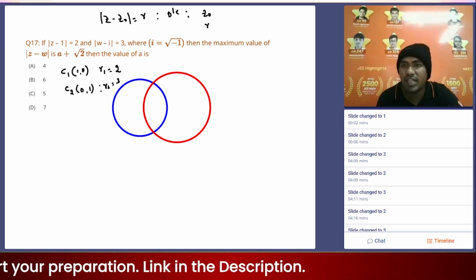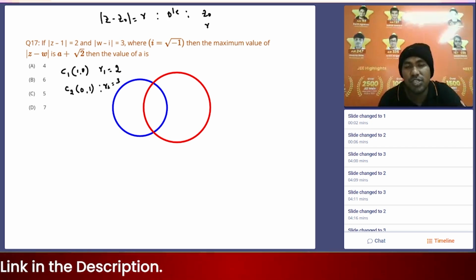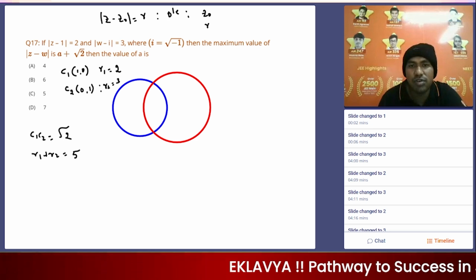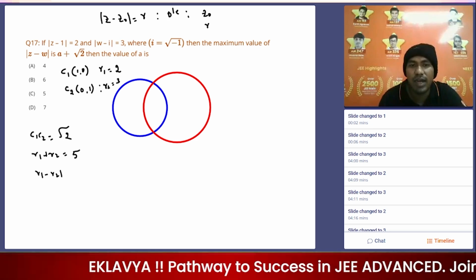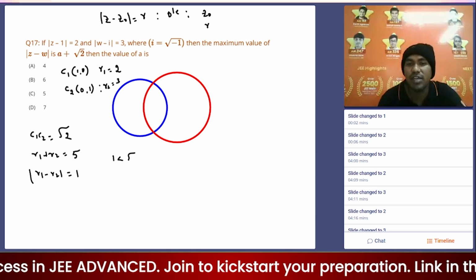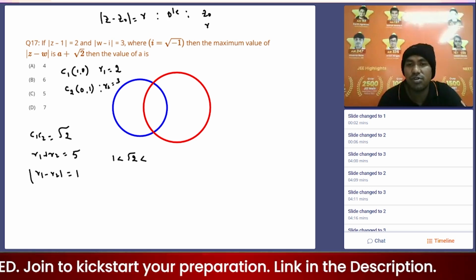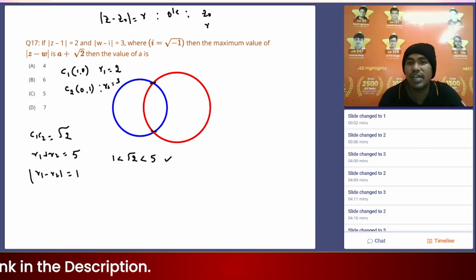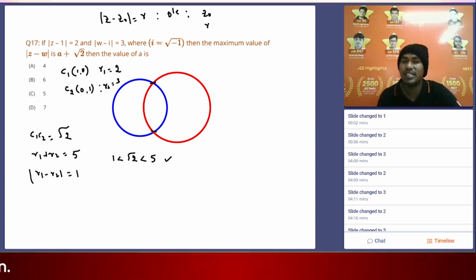If you see the position of these two, c1 c2 is equal to root 2, and r1 plus r2 is equal to 2 plus 3, 5, and r1 minus r2 is 2 minus 3, 1 in magnitude. That means 1 is less than root 2 is less than 5. That means circles are intersecting at 2 distinct points.